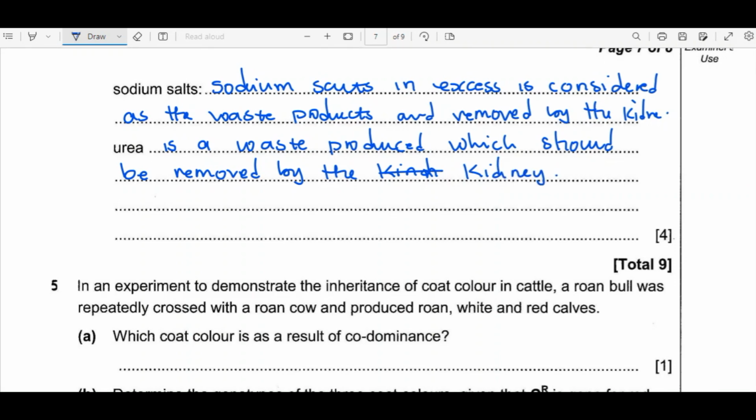So for sodium salts and urea, these are removed because they are considered to be waste products.